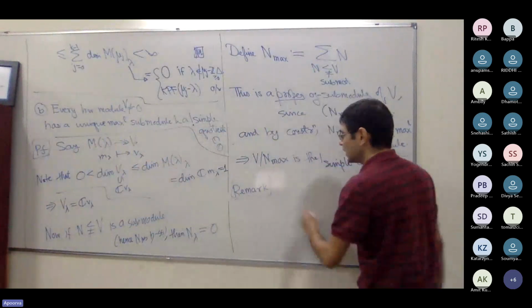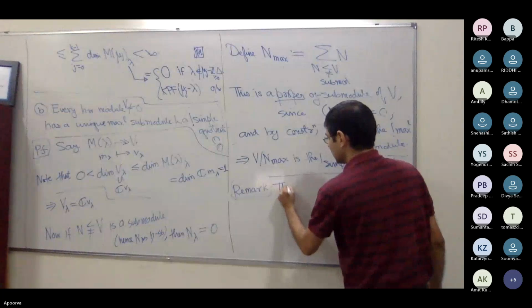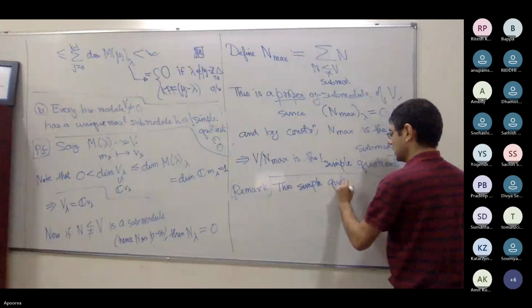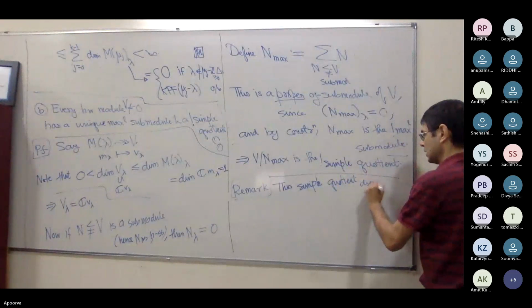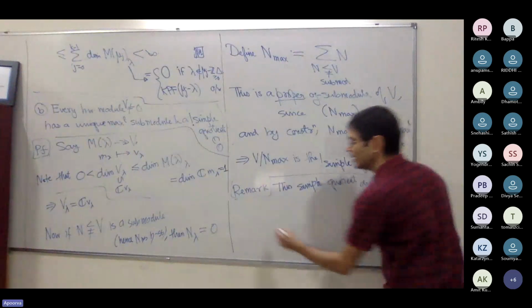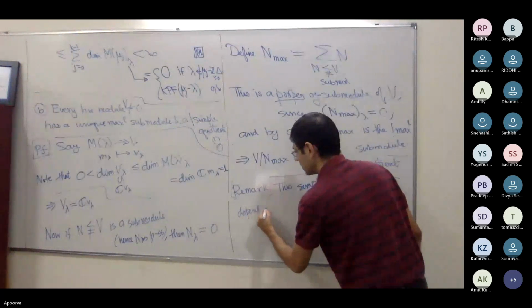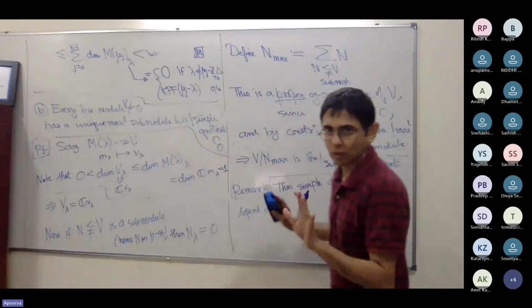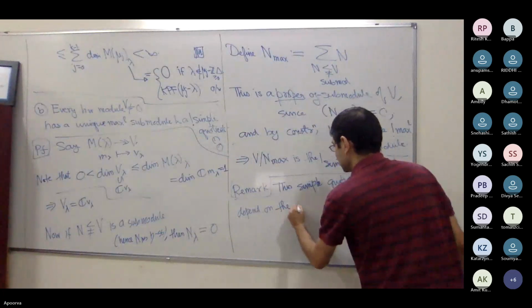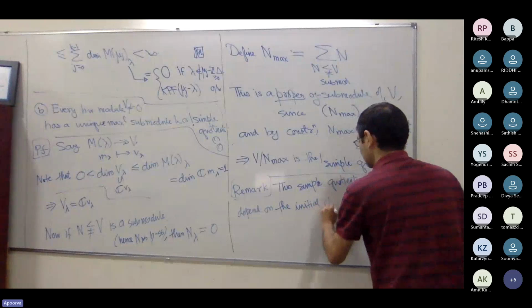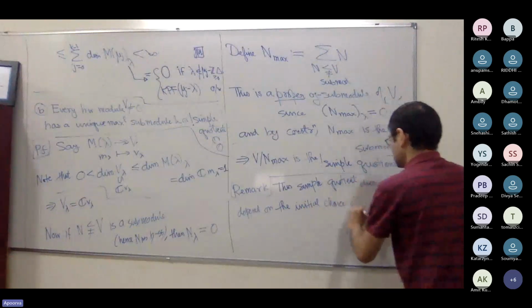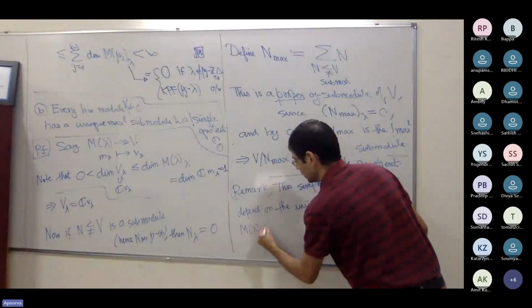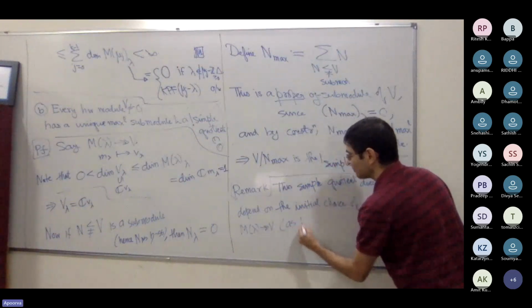So this simple quotient does not depend on the choice of initial module M lambda to V, as long as lambda is fixed.